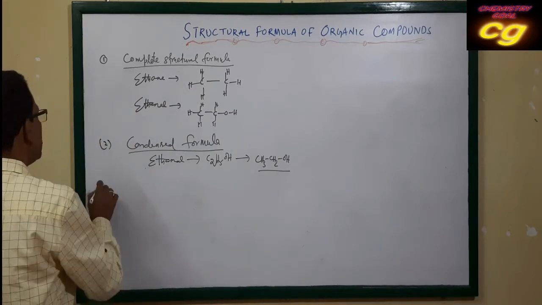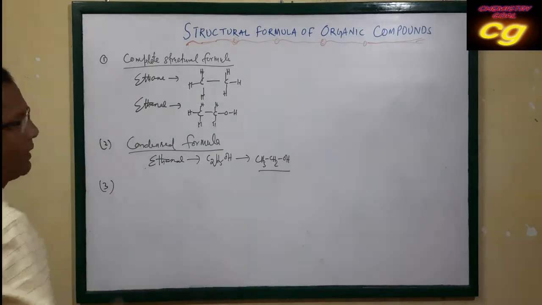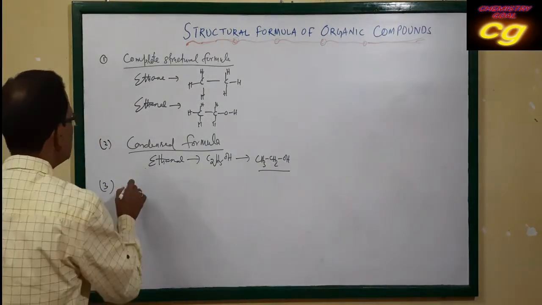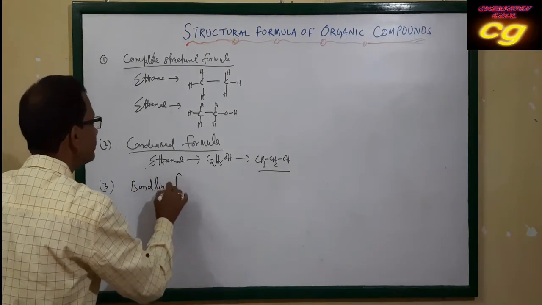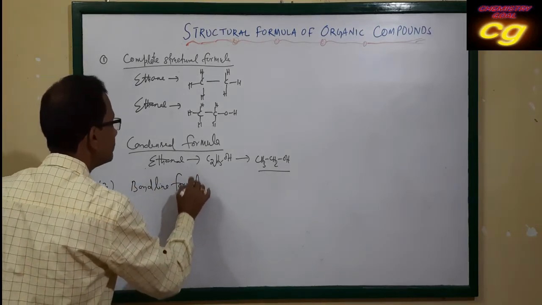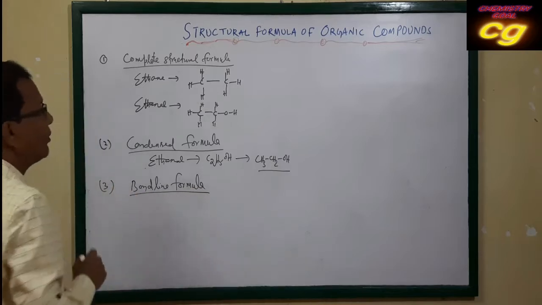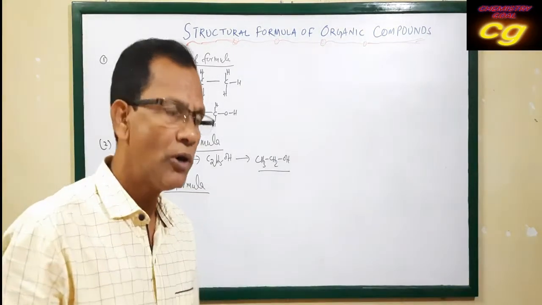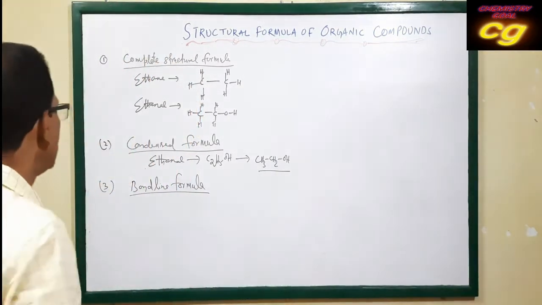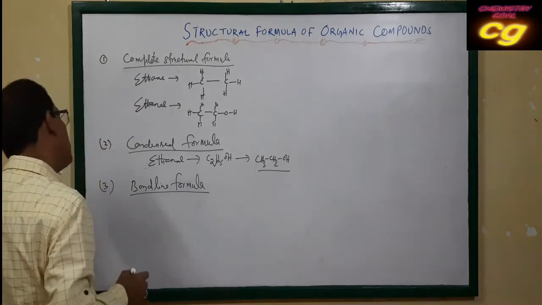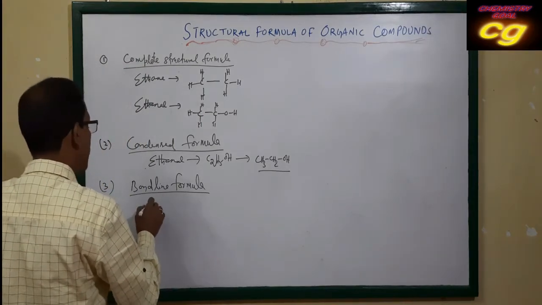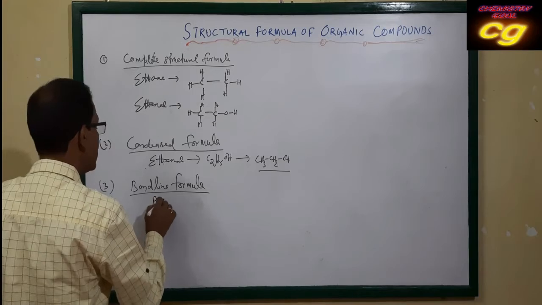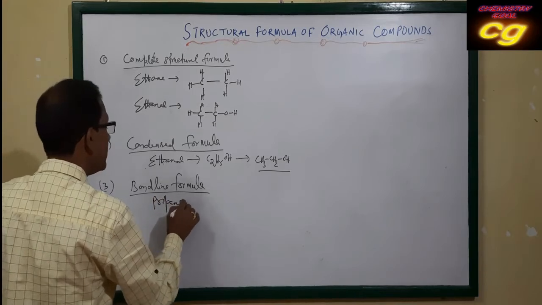Okay. Then the third type is the bondline formula. Bondline formula means only showing bonds. For example, let it be propane.